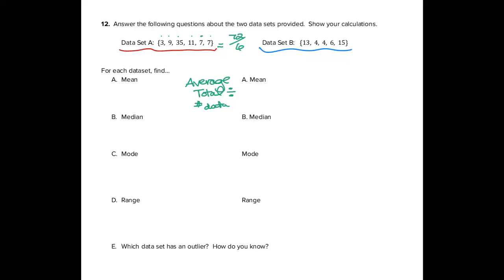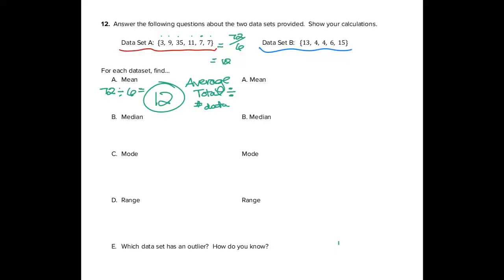Please be very careful when you are counting. I see too many mistakes from people counting the number of pieces of data incorrectly. So 72 is my total divided by the 6 pieces of data that I have. So my mean is 12.